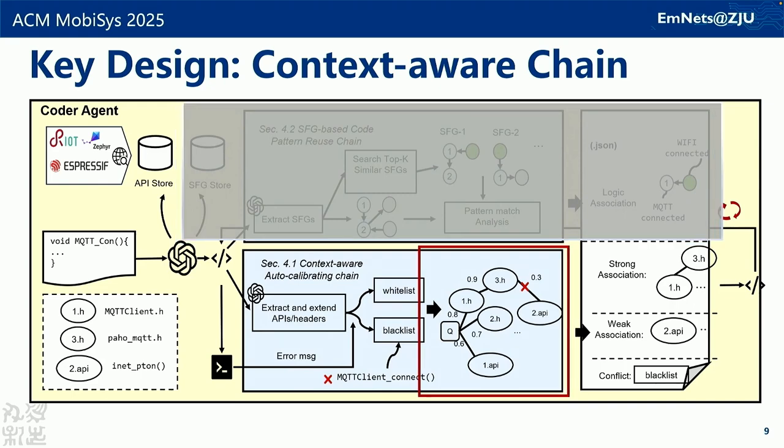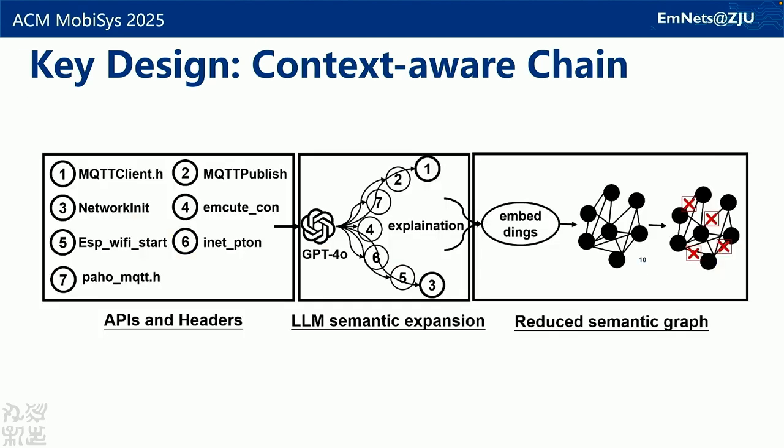The key to the context-aware auto-calibrating chain based on the association miner is how to quantifiably align the relationships between different API headers from the LLM's internal knowledge and external reference documents during the self-debugging process. We propose a specific LLM-based distance measurement method.